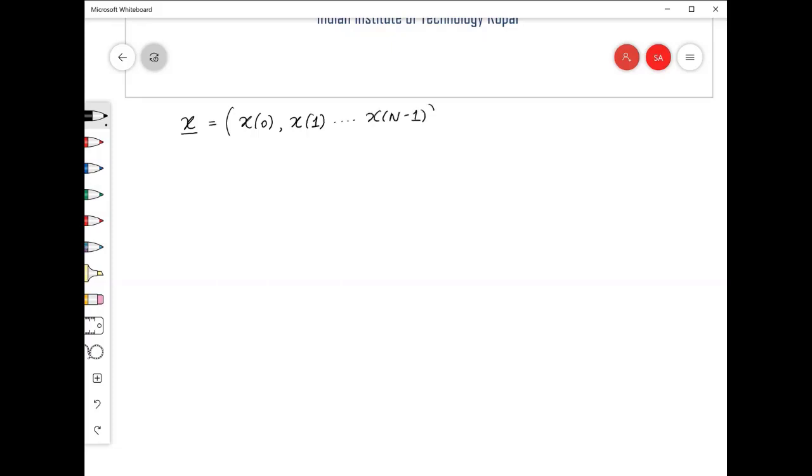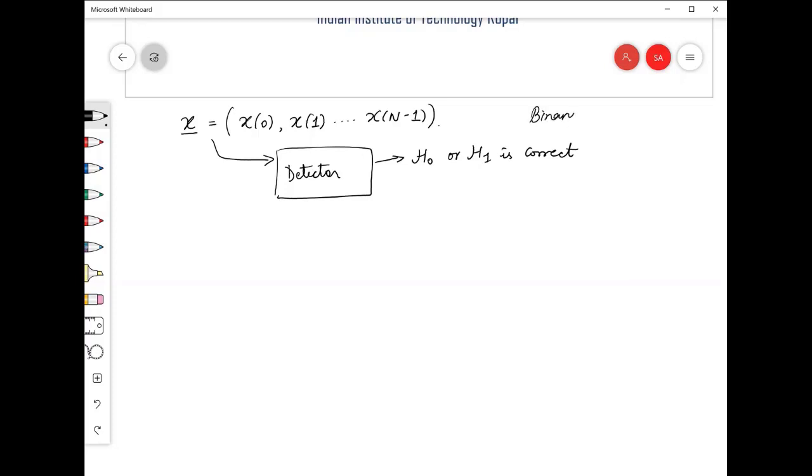Suppose we have an observations. Now, depending on these observations, we need to figure out a detector which can tell me which hypothesis, either H0 or H1, is correct. Okay, we are looking at binary hypothesis testing problem.